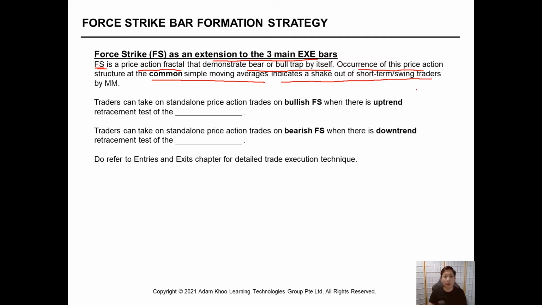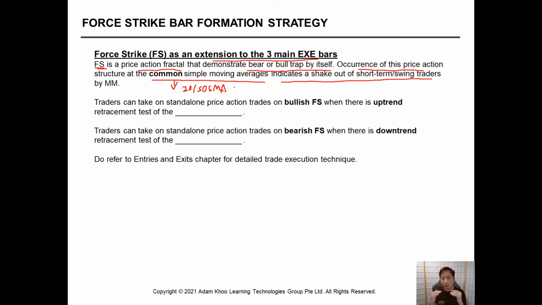Okay, so what do I mean by common simple moving averages? In the price action manipulation course, we are using very normal kind of moving averages, like your 20 and your 50 simple moving averages. The thing is, there's no need to be fanciful about the moving averages, because we're not trading the price action when it touches the 20 or 50 SMA.